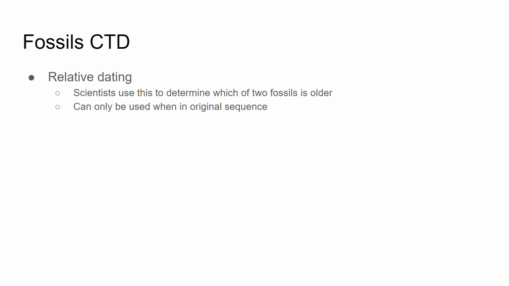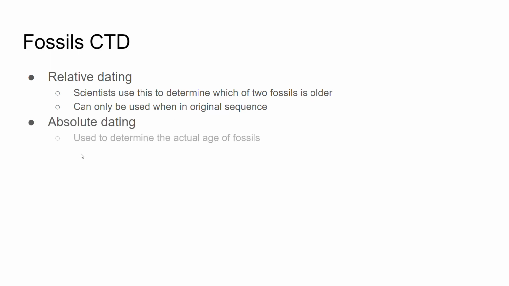Because these two plates are pushing towards each other, again, something you talked about in Earth Science last year, sometimes one goes over the top of the other, and then it's no longer in its original sequence. So that makes it a little bit more challenging to use relative dating, right?